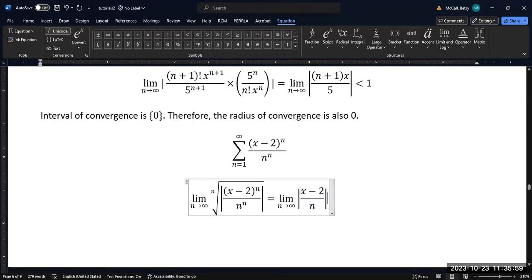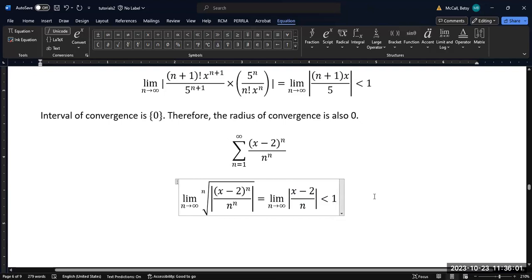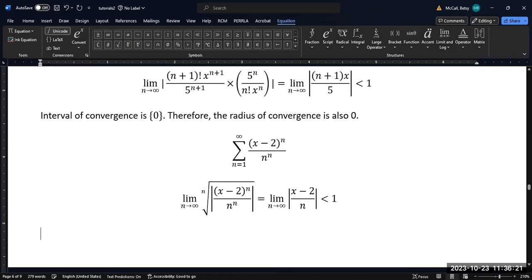We want this to be less than 1, just like with the ratio test, for this to converge. But in this case, n is in the denominator, and since n is going to infinity, the entire expression is going to 0. So it's always going to be less than 1.